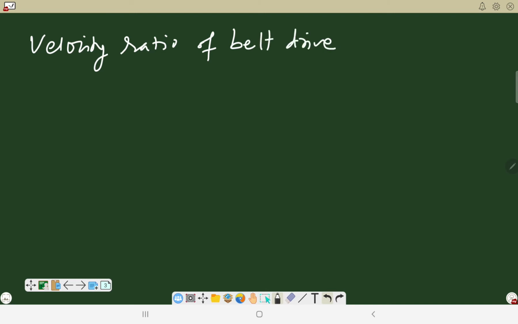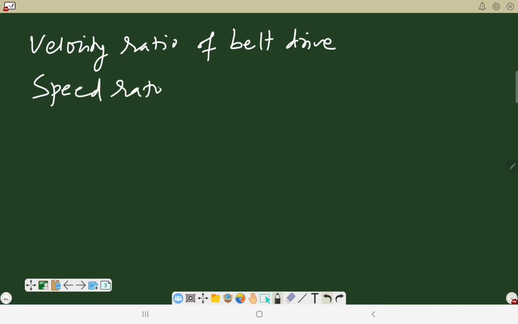Now in this lecture we want to determine velocity ratio of belt drive. We know very well what is meant by velocity, and we want to determine what should be the formula to calculate velocity ratio of a belt drive. Velocity ratio is also called speed ratio.